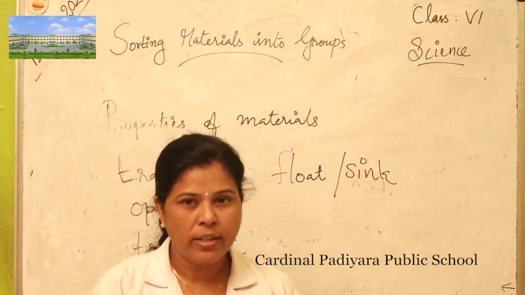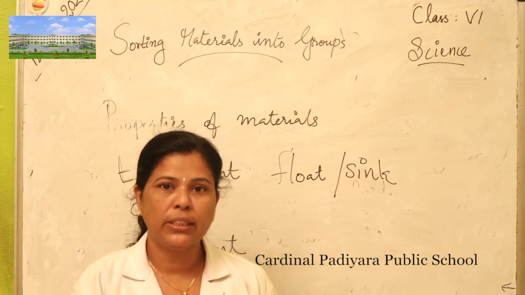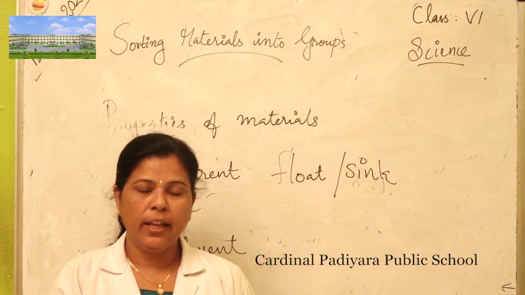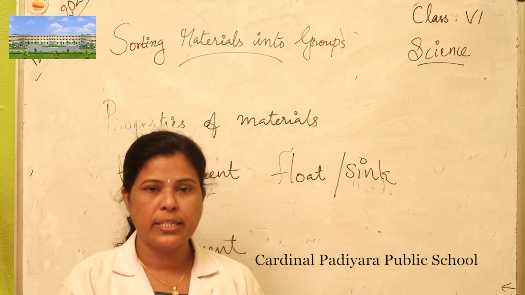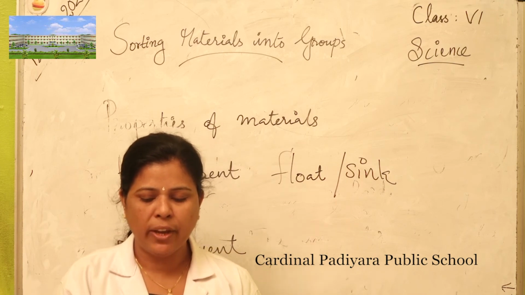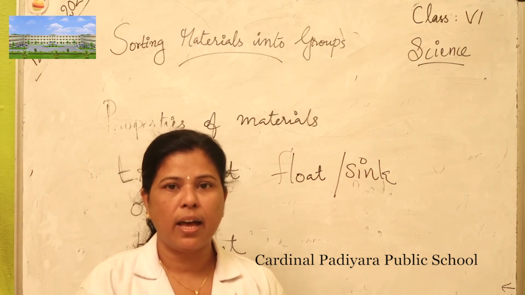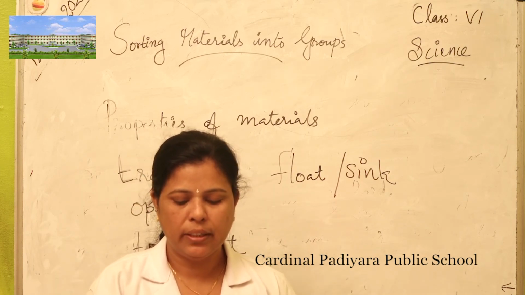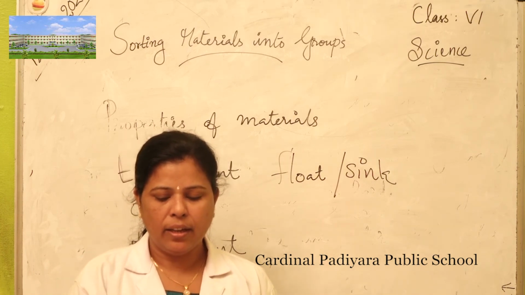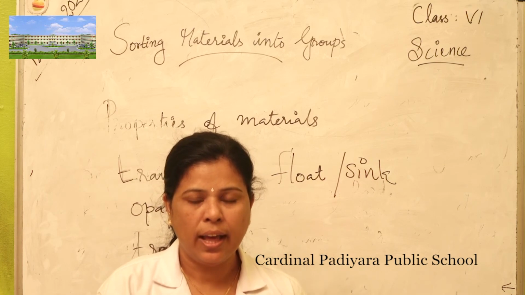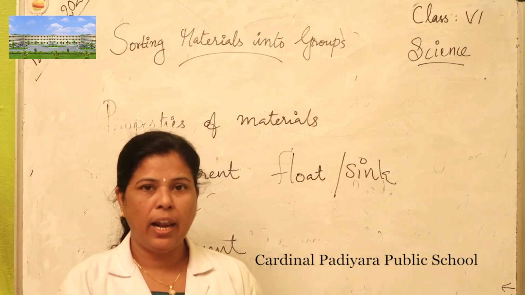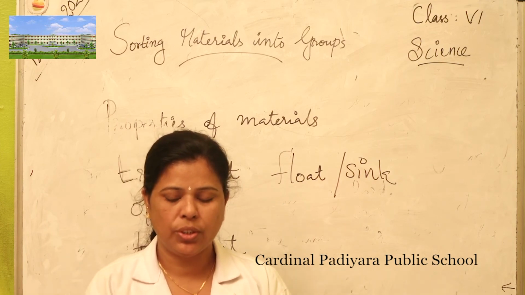Iron is a hard substance, but sponge is a soft substance. Then another property: some materials are soluble in water, whereas some others are insoluble. Then some materials such as glass are transparent, that means they allow light to pass through them.